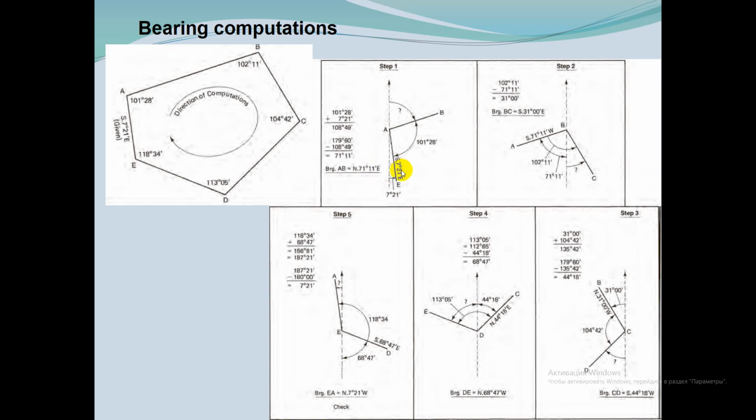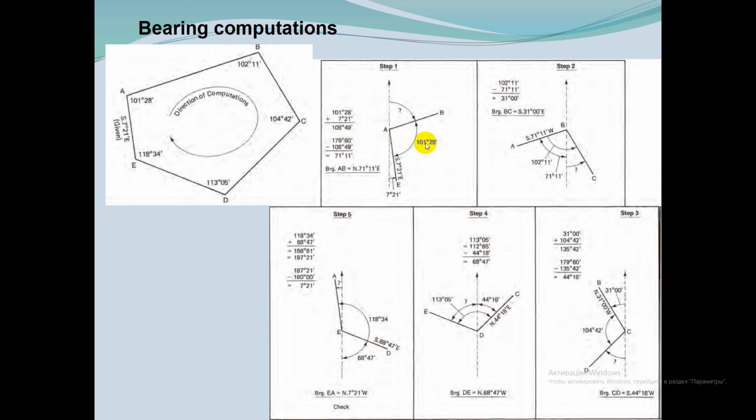To compute the bearing of side AB, the two sides AB and AE are drawn together with a meridian through point A. The interior angle of A will be 101 degrees.